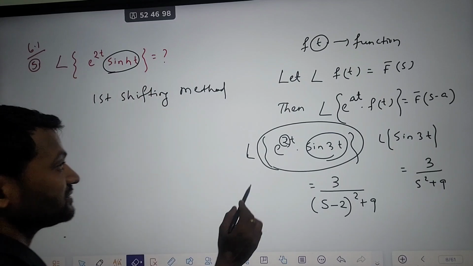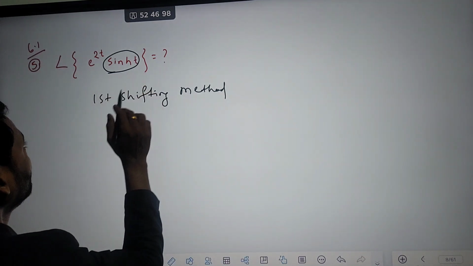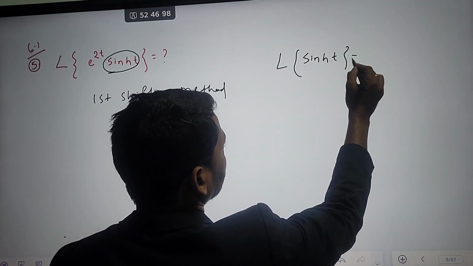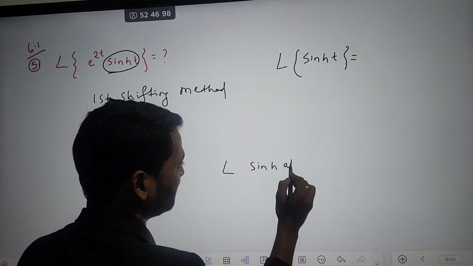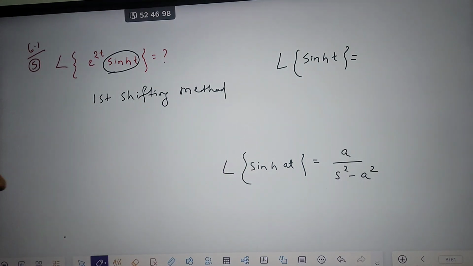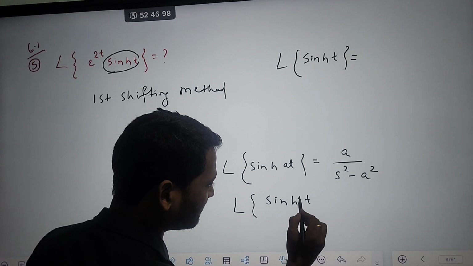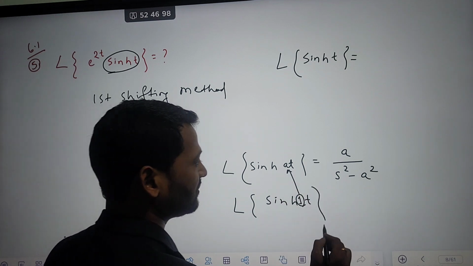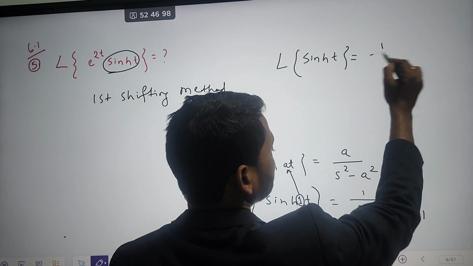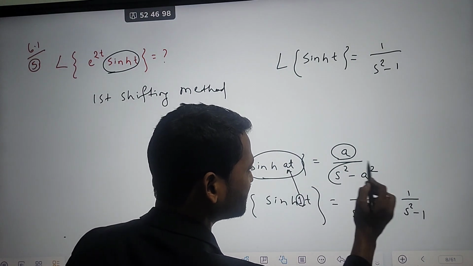So the same concept you will apply in this theorem, the same concept will apply in this question. First we will take Laplace of sin ht. What is the formula for Laplace of sin h at? a by s square minus a square. So here Laplace of sin ht, a is 1, so what is your answer? 1 by s square minus 1 square, that is 1 by s square minus 1. The formula of sin h at is a by s square minus a square.